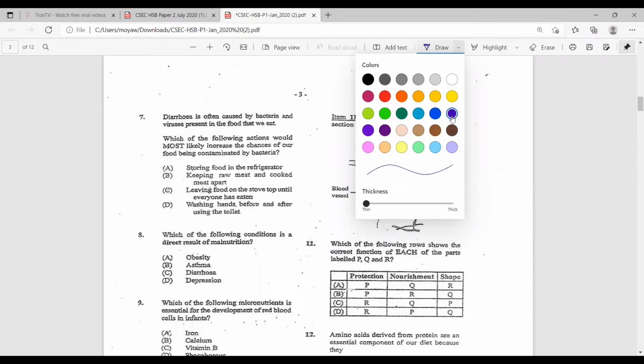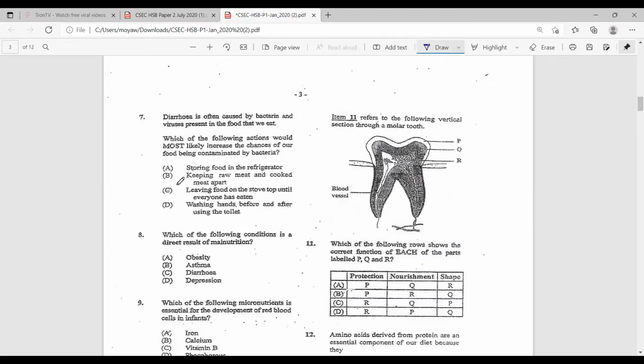B, keeping raw meat and cooked meat apart. C, leaving food on the stove top until everyone has eaten. D, washing hands before and after using the toilet. So everything here speaks about preventing contamination except C.